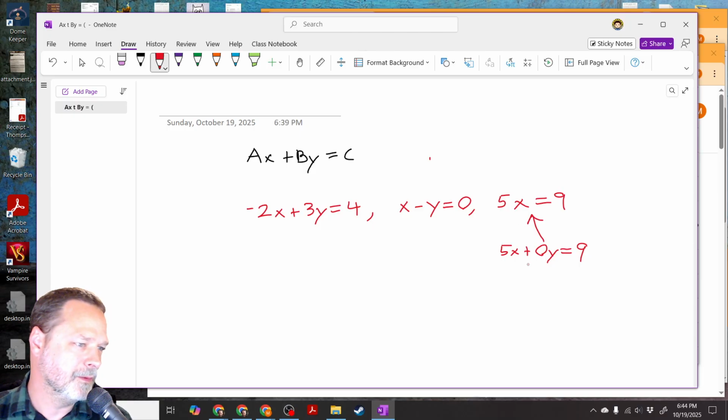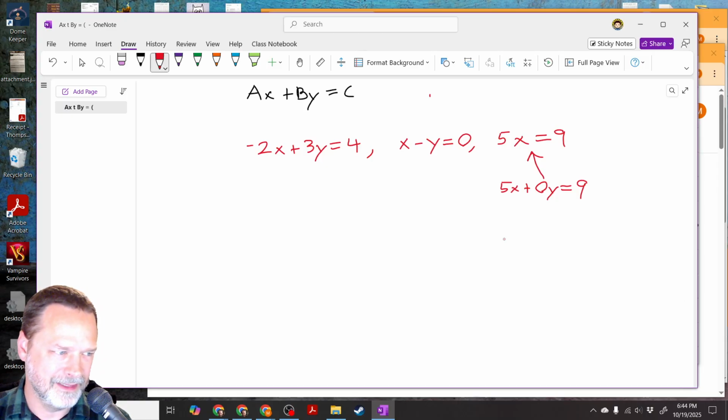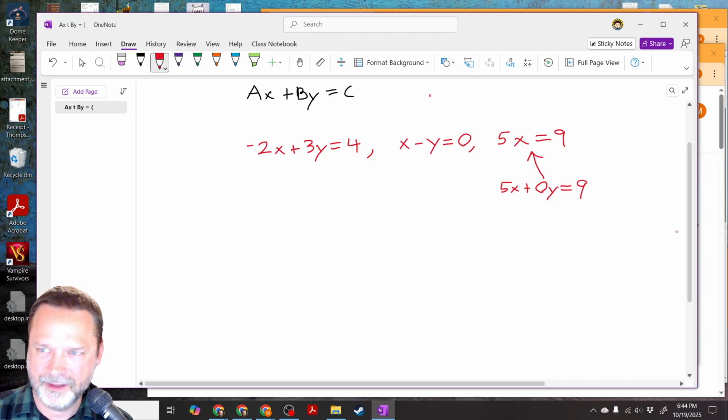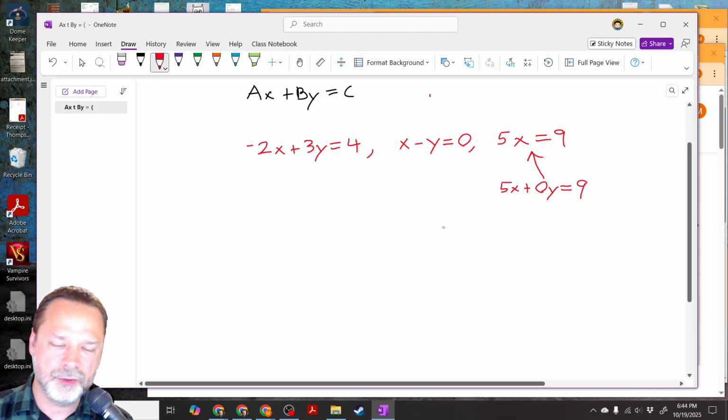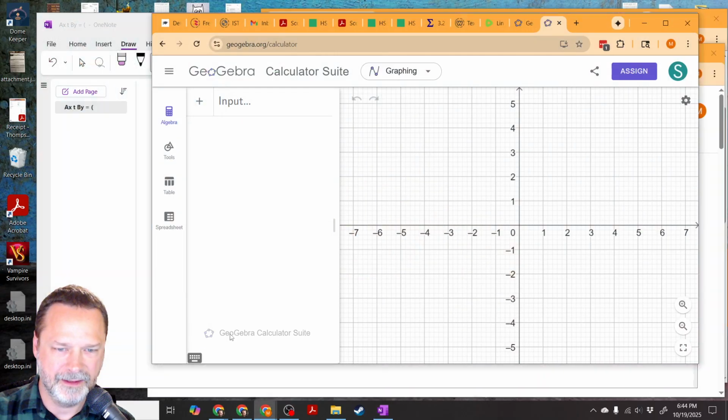Now, a good illustration of a line is, we all know what a line is, I hope. And that is any 2 points can make a line.